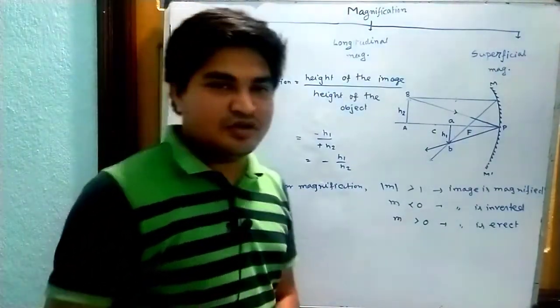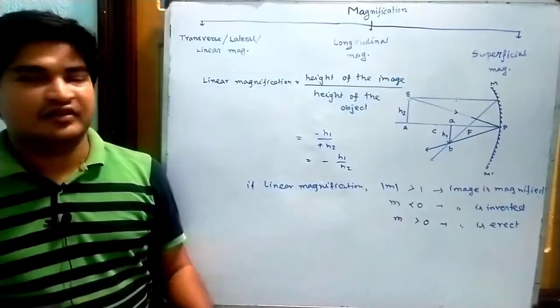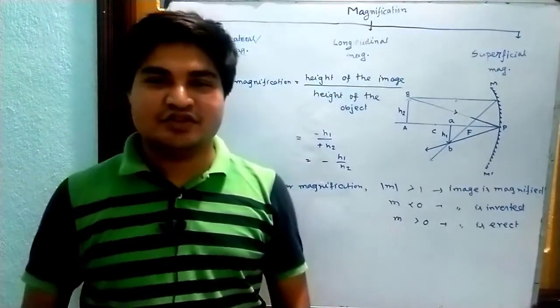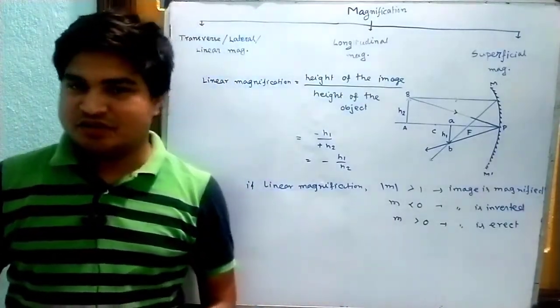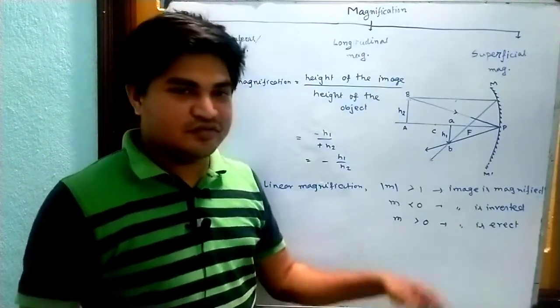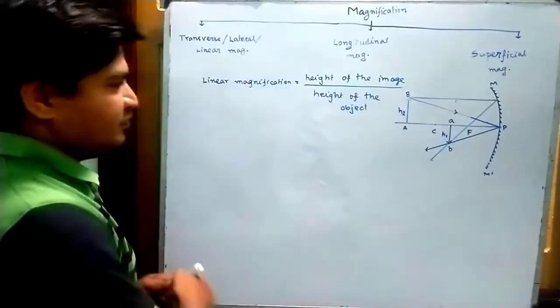Next, we already know that the ratio of height of the image to the height of the object equals the ratio of the distance of the image to the distance of the object. So let's try to understand from where this relation comes.